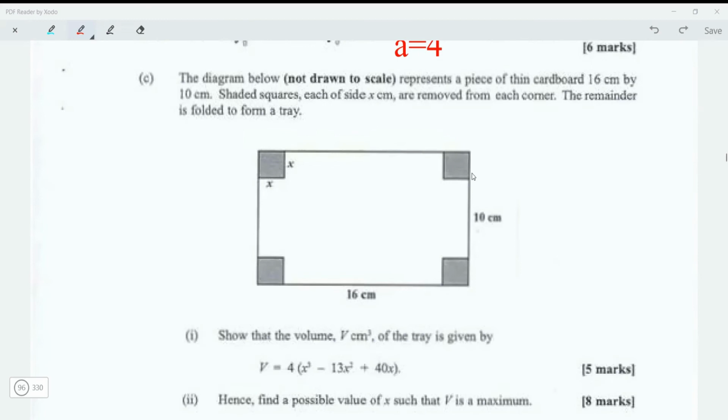If we're going to use this to form a tray, I just want to give you an idea, like a schematic of how the tray looks. We can take out this piece. It's like you fold it up. I'm not so good, but I'm going to give a little diagram.